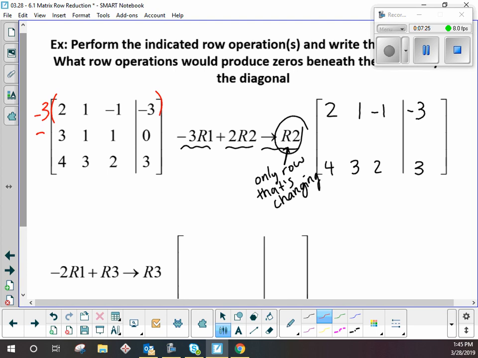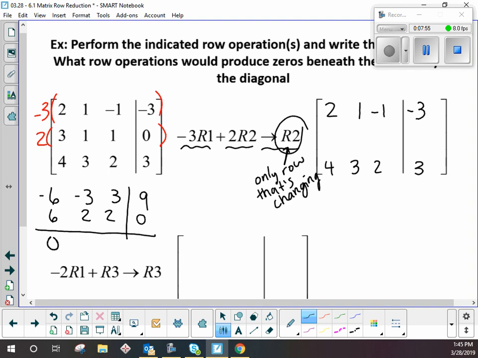I'm going to do 2 times row 2. You can do this in your head if you like. I'm going to be showing it up here in case you're visual and you need to see what exactly the baby steps were. So negative 3 times row 1 gives me negative 6, negative 3, positive 9. And 2 times row 2 gives me 6, 2, 2, and 0.